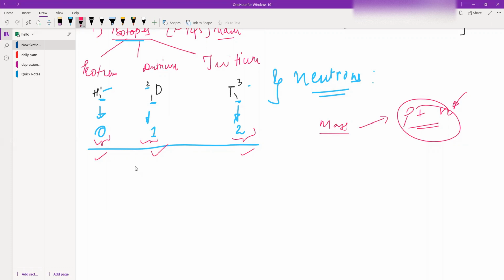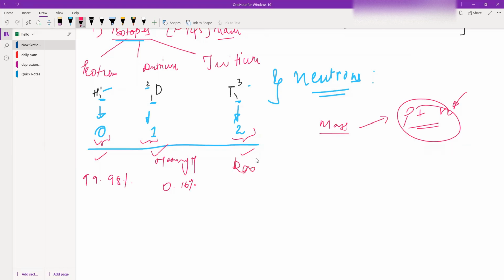And if I talk about the occurrence, actually it's not important from your paper point of view, but it's 99.98% of hydrogen. This is known as heavy hydrogen, and it has only 0.16% of occurrence, and this is known as radioactive hydrogen.